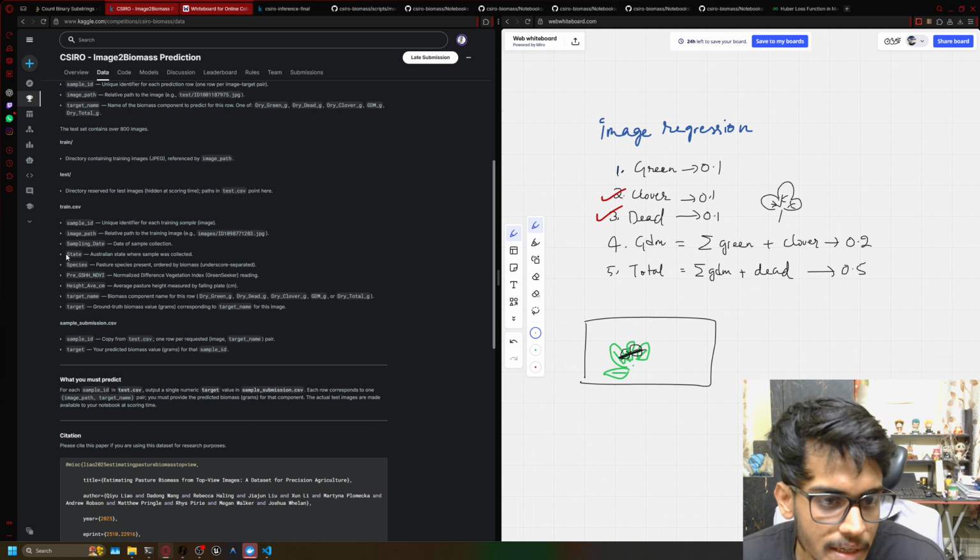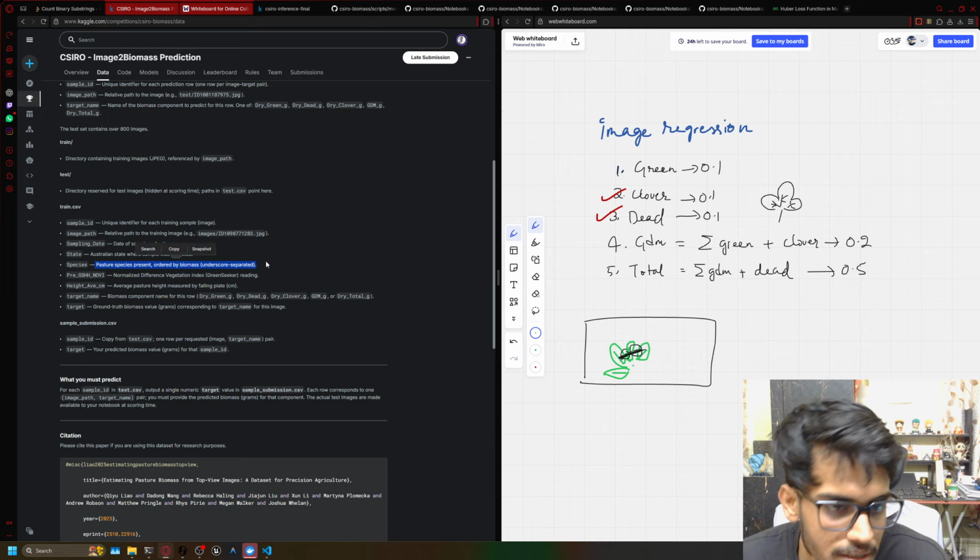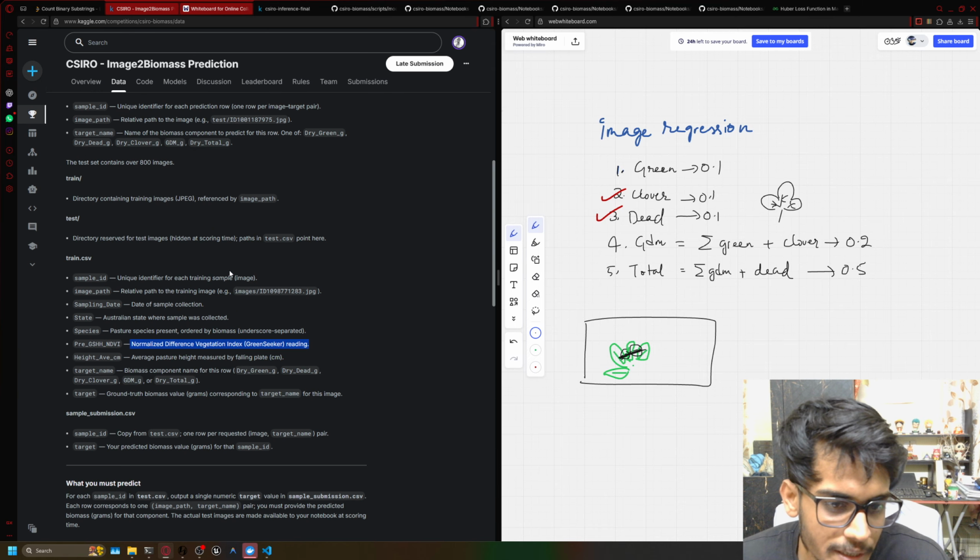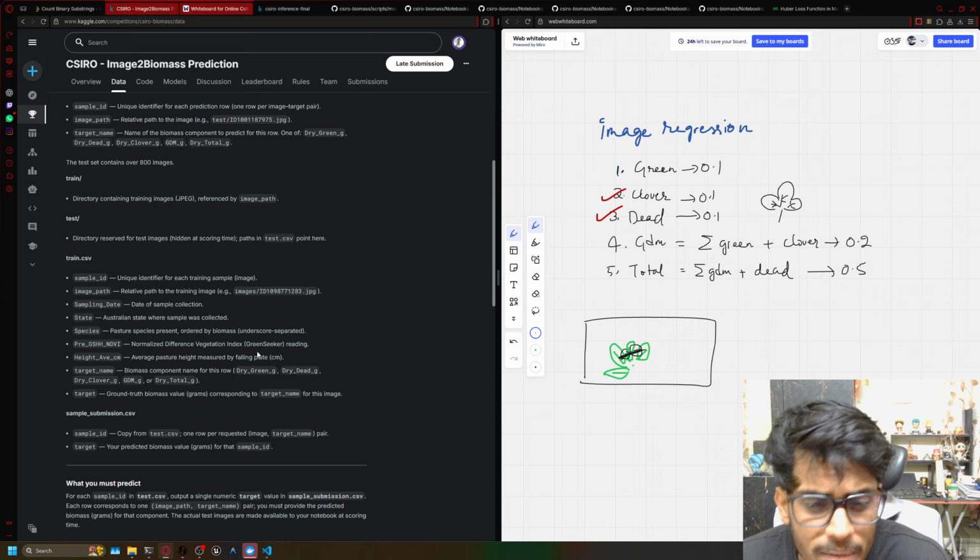Then the region they collected these images across, and what kind of species. Then there is some vegetation index that they have given, but let me tell you, this was not helping. Then they have also given height. So the competition host has claimed that you can use this height information to predict Dead, that this will help.